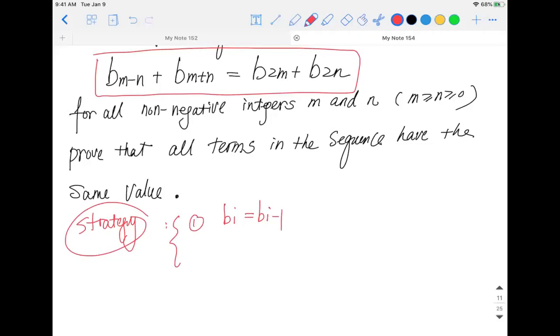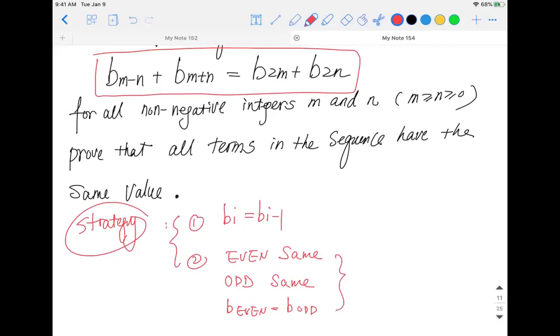Or what you can do is you can actually use the parity. You can try to prove all the even terms are the same, all the odd terms are the same, and then you figure out one even term equals to another odd term.